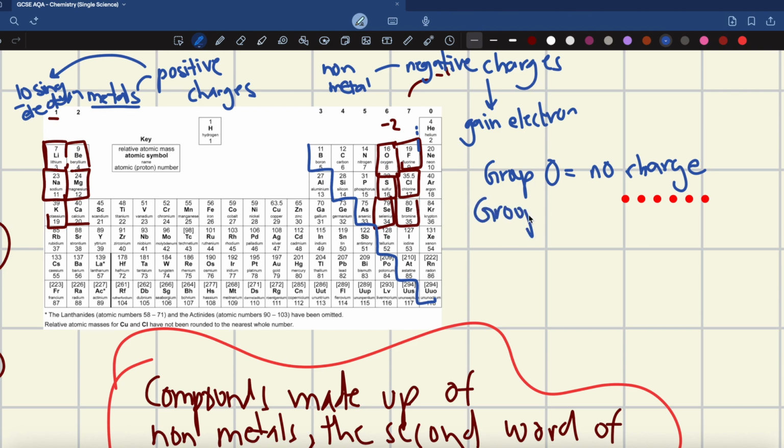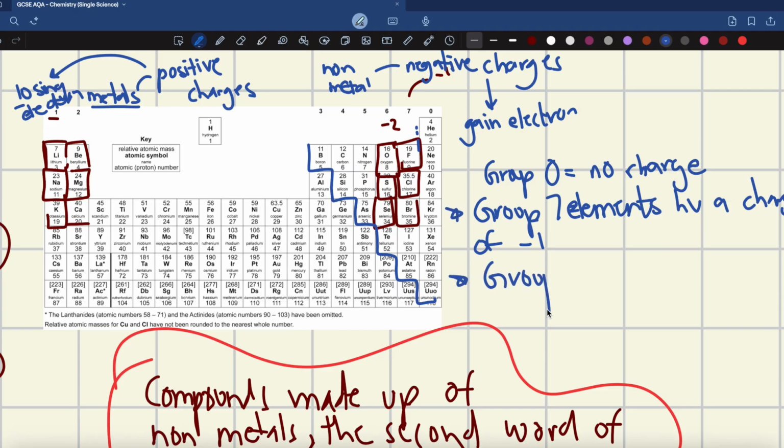All group 7 elements have a charge of -1, and all group 6 elements have a charge of -2.